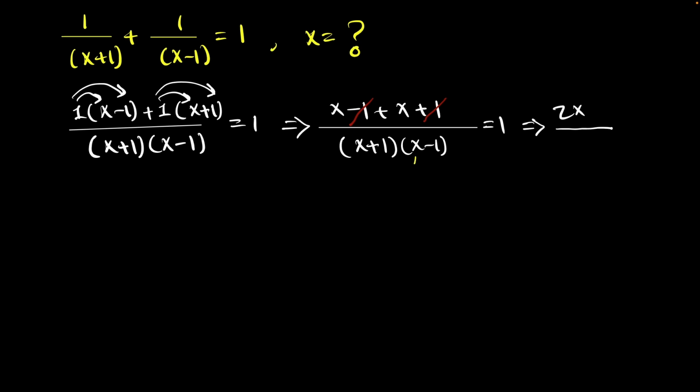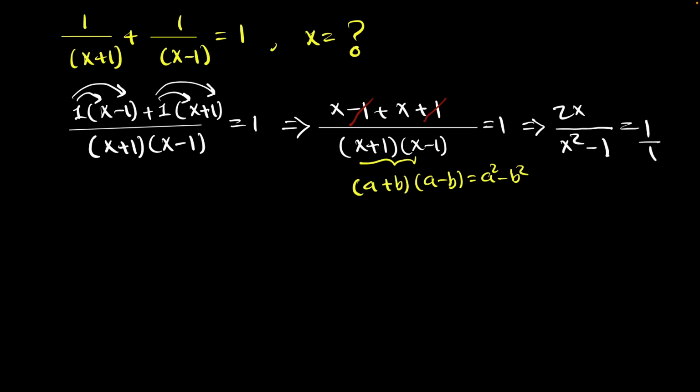These two brackets are of the form a plus b and a minus b, which is a square minus b square. So we do the same. x times x is x square, positive times negative is negative, 1 times 1 is 1, equal to 1.